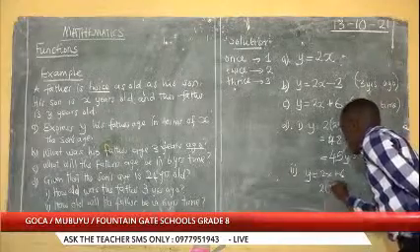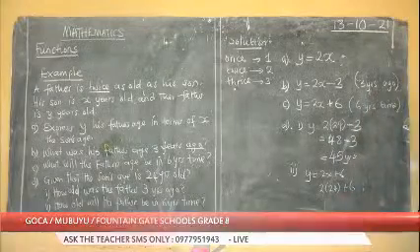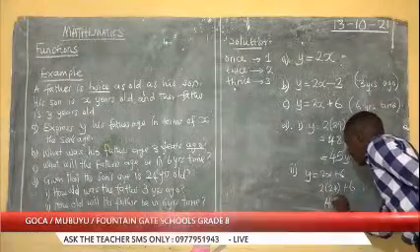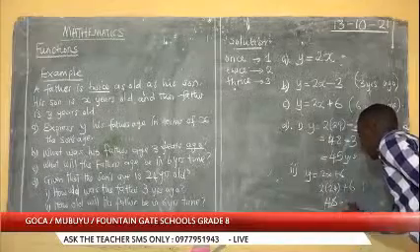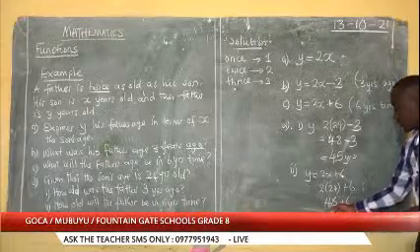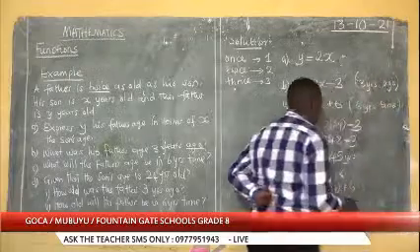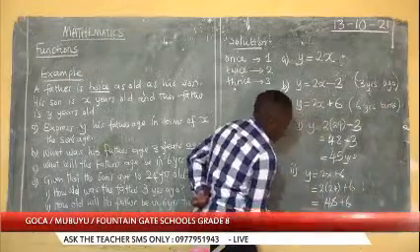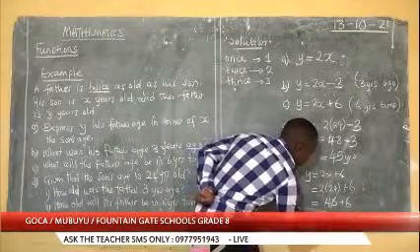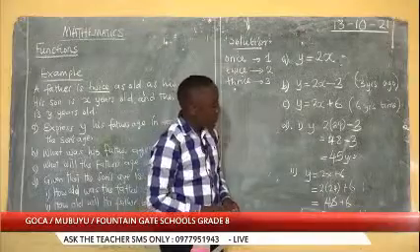So we say 2 times 24 plus 6. 2 times 24 is 48, then we add the 6. 48 plus 6 is 54. So in 6 years to come, the father will be 54 years old.